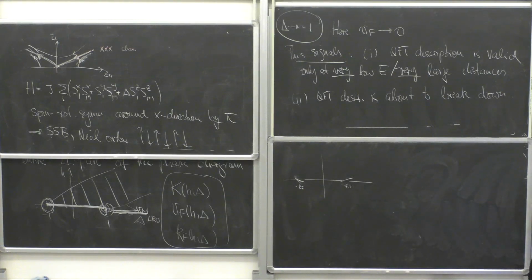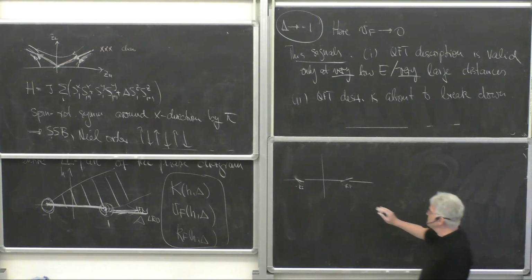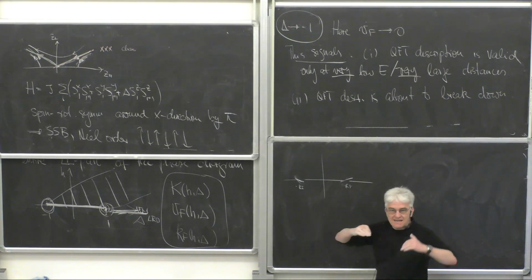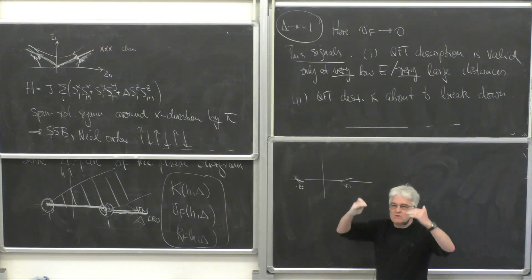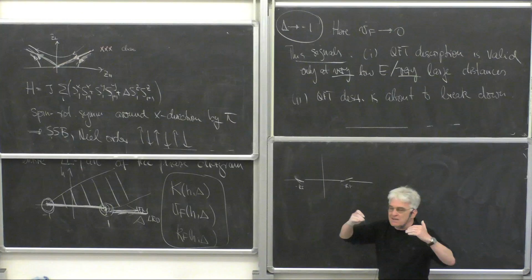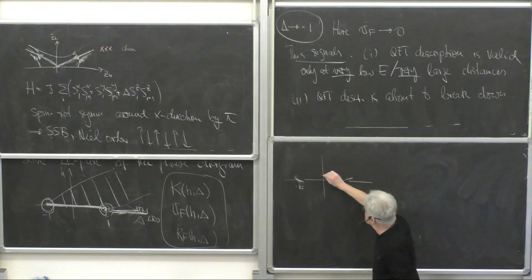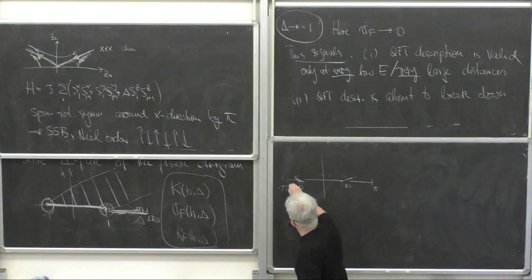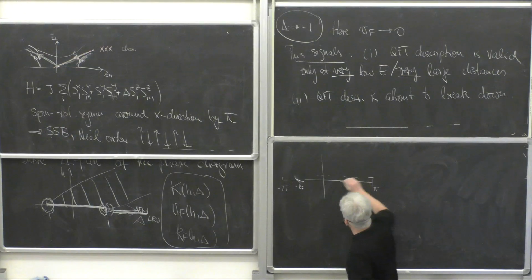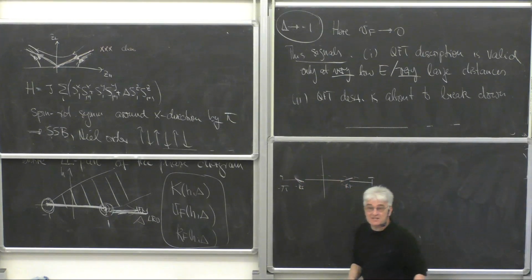Remember, in the lattice model, momentum is restricted to the first Brillouin zone. So if you have a tiny velocity, the energy range in which these collective modes can live becomes smaller and smaller, because if you go all the way to the Brillouin zone boundaries, you just go to a very low energy.